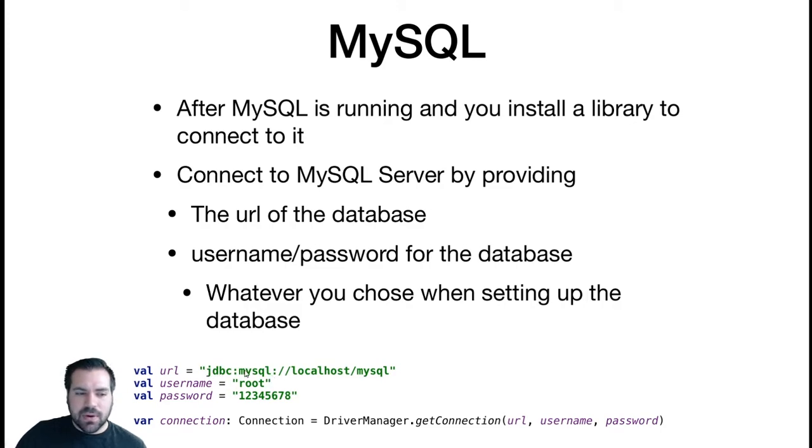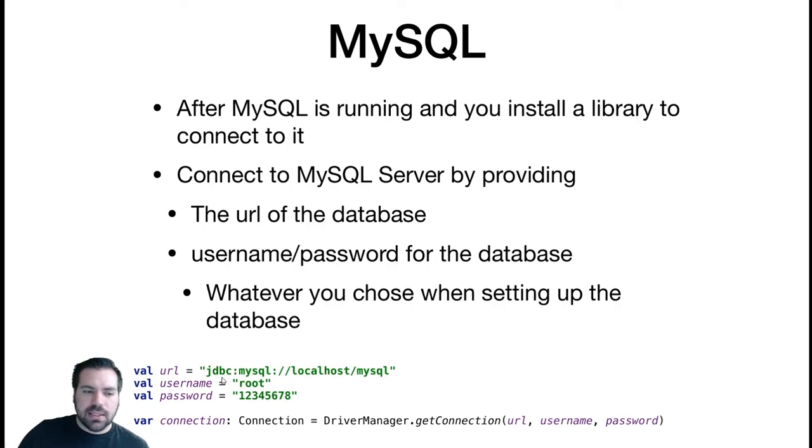So this is the protocol we're going to use, JDBC MySQL. We're going to send MySQL queries to this URL, localhost, and the default path on localhost is MySQL. And the library is going to assume port 3306 on this.